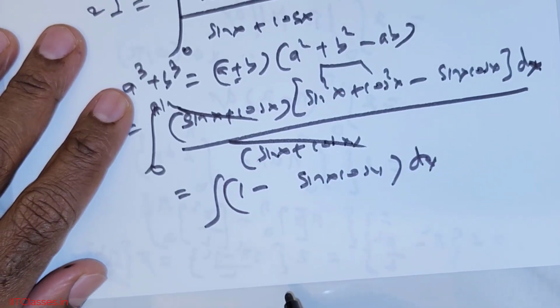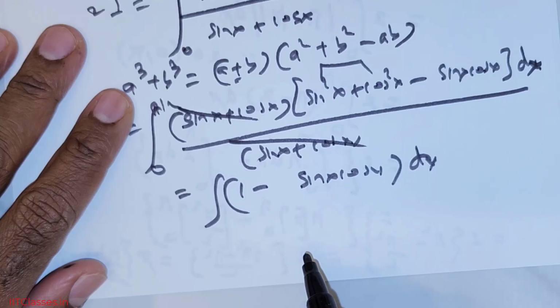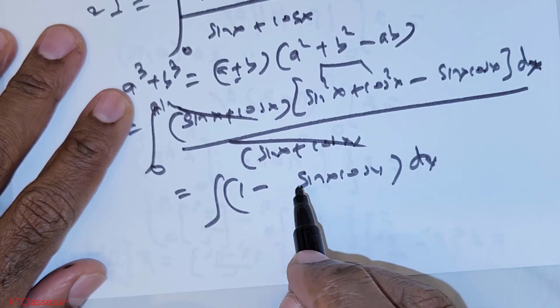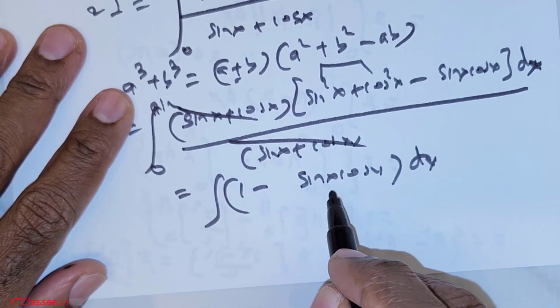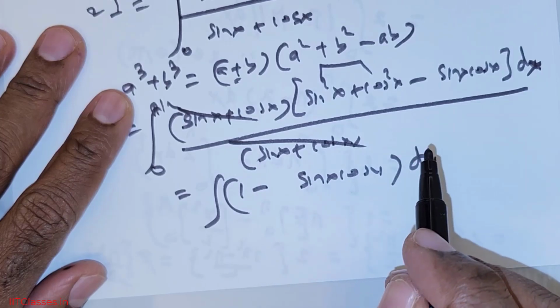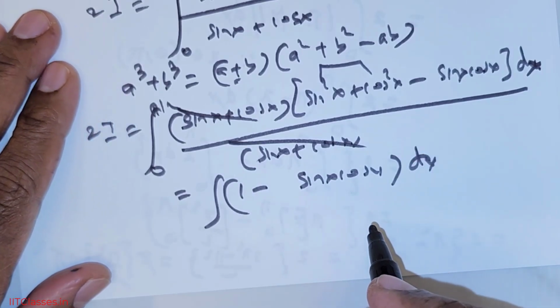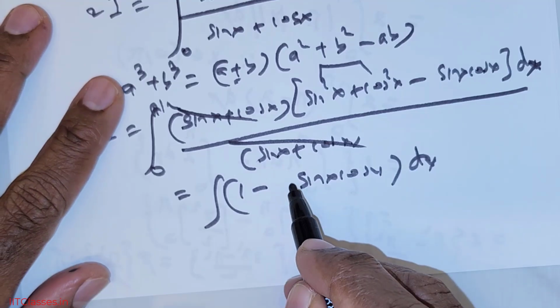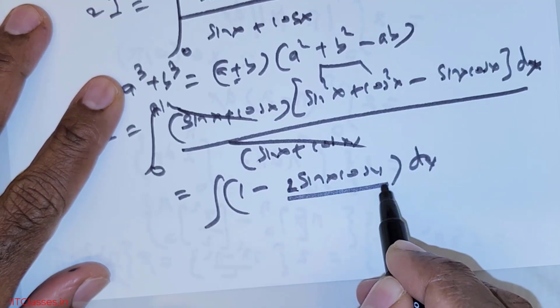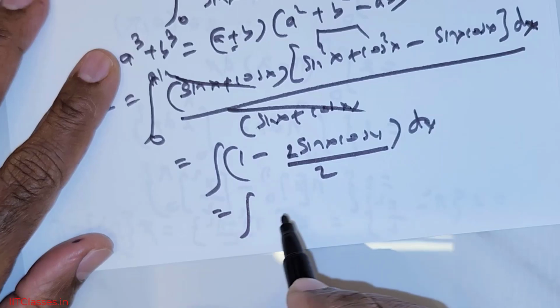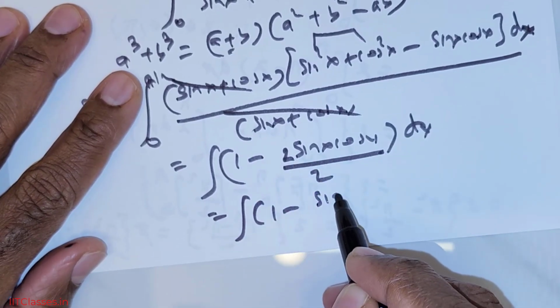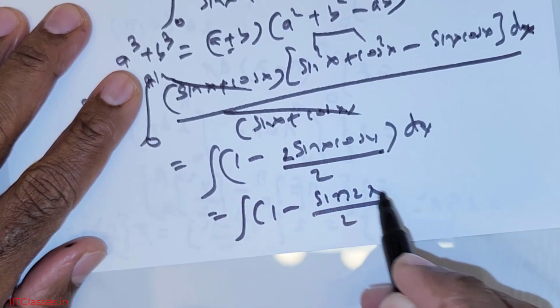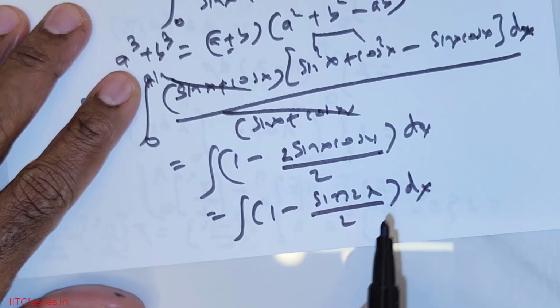Now what I wish to do is multiply by 2 and divide by 2. So if I multiply by 2 and divide by 2, this is going to be 1 minus sin 2x divided by 2 times the dx.